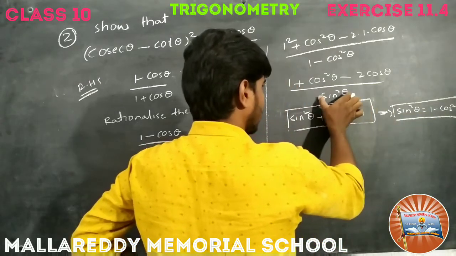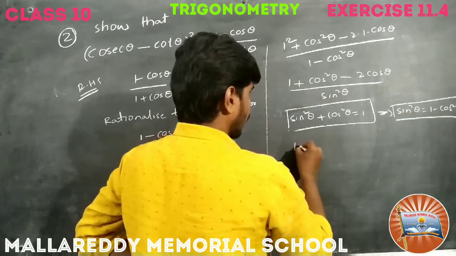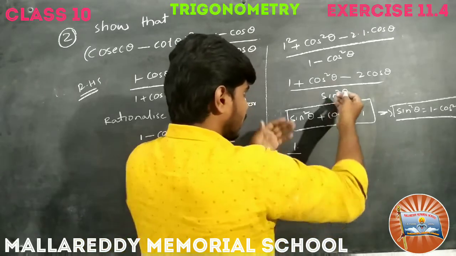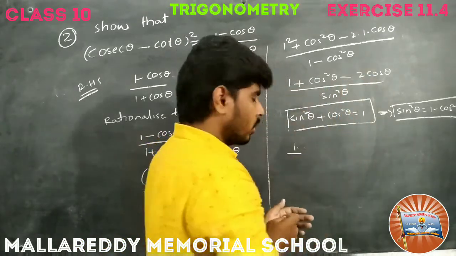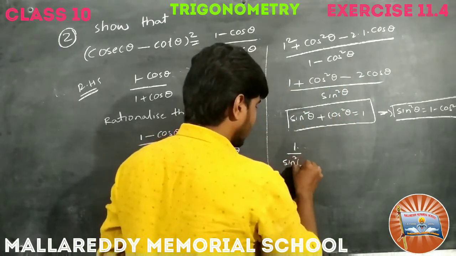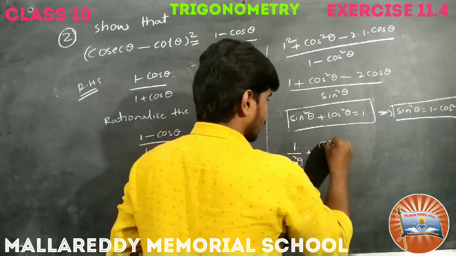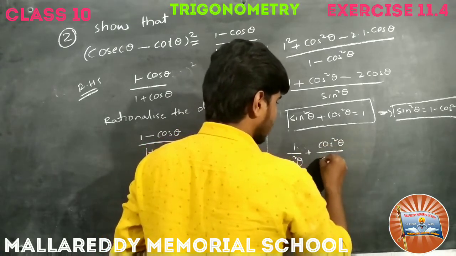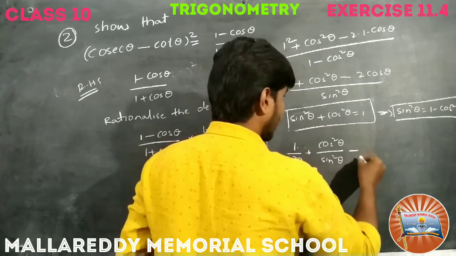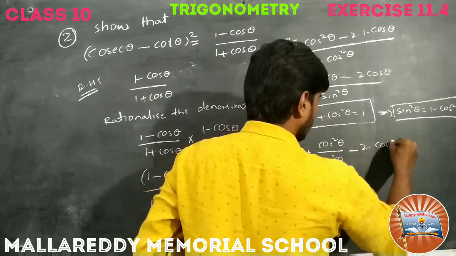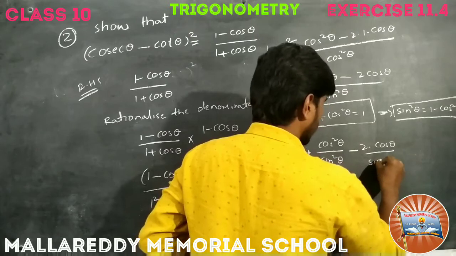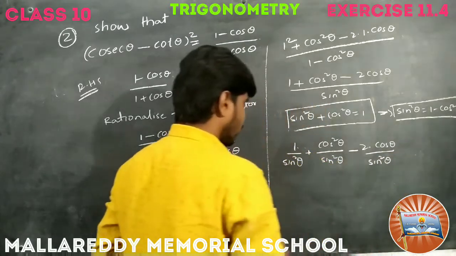That is what I have done here. The next step, I am separating the denominator for all the terms. So 1 by sin square theta plus cos square theta by sin square theta minus 2 into cos theta by sin square theta. So what becomes?